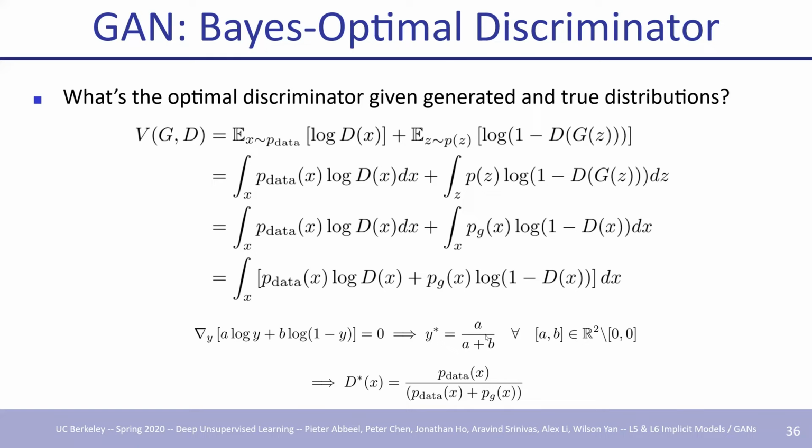And if we solve for Y, the answer is A divided by A plus B, right? If you substitute everything back for what A and B mean, the optimal discriminator is p data of x divided by p data of x plus p g of x.